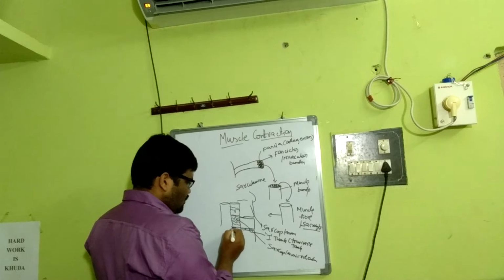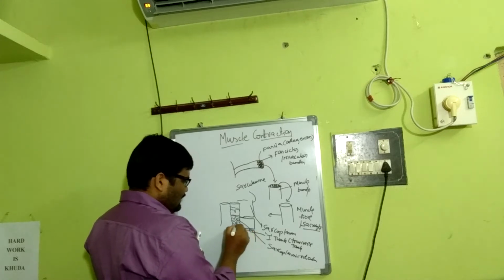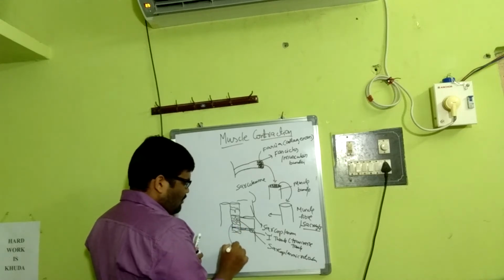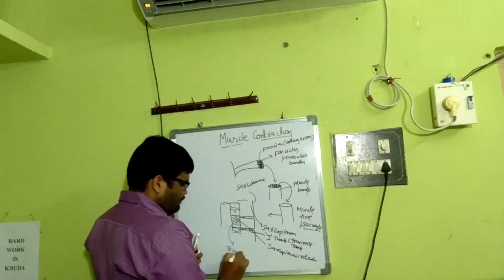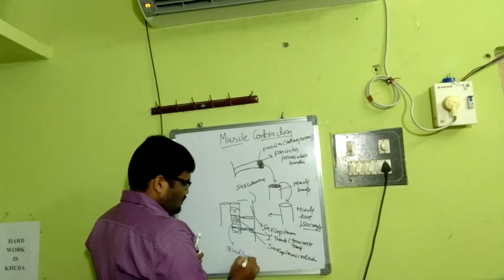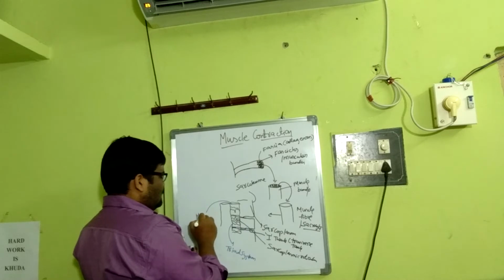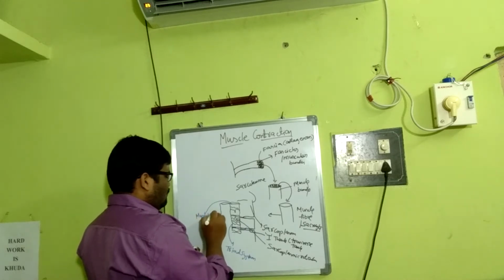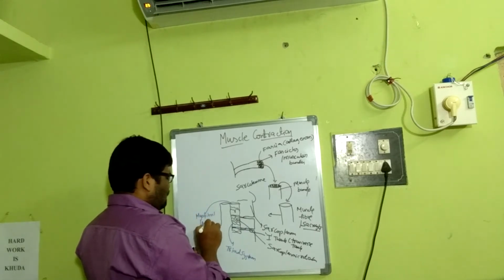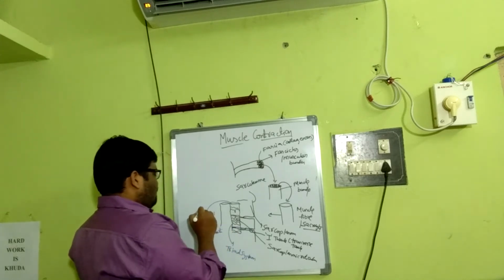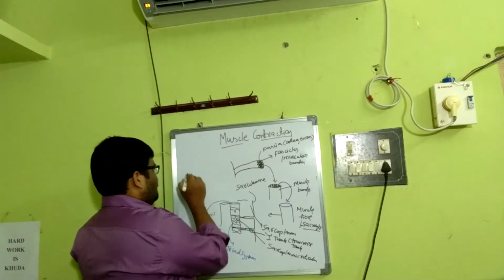The cisternae of the sarcoplasmic reticulum and the T-tubule together form the triad system. And these are the myofibrils, or myofilaments. We will be discussing this myofibril particularly.